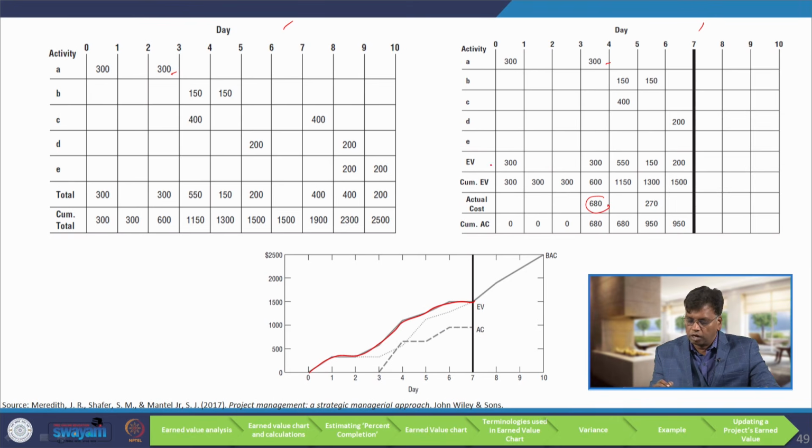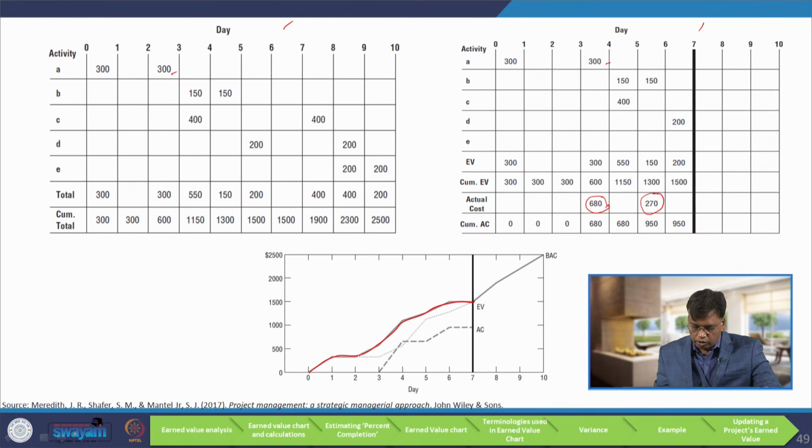After finding the earned value, we have to find the cumulative value. Here $80 is increased, but the actual cost for activity B is 270 because there is $30 less. So, when you find the cumulative actual cost, 680 plus 270 is 950. So, we got 950 again.